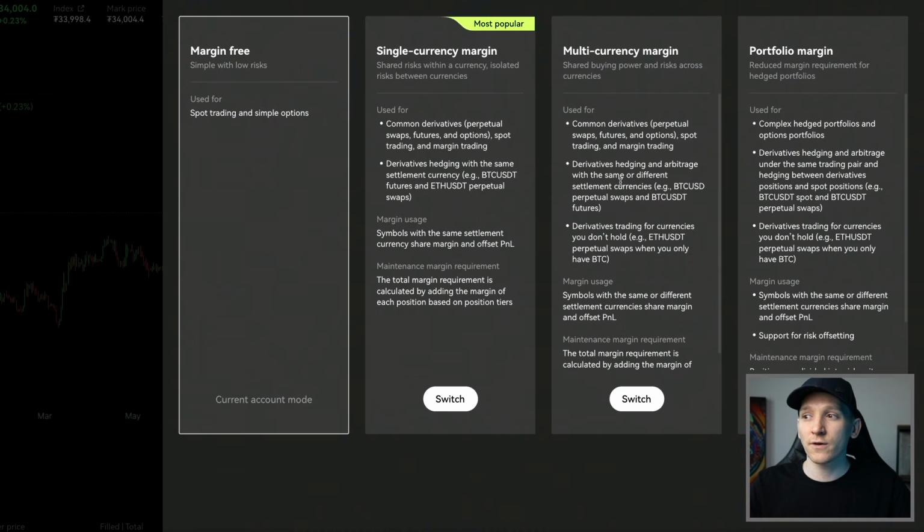Multi-currency is when you can use different currencies to hedge or to trade different assets. So as you can see here, you can arbitrage with the same or different settlement currencies: Bitcoin against US dollar, Bitcoin against USDT. Derivatives trading for currencies that you don't hold, e.g. ETH USDT perpetual swaps when you only have Bitcoin, right?